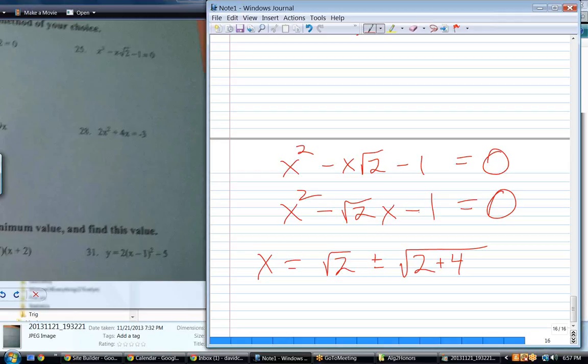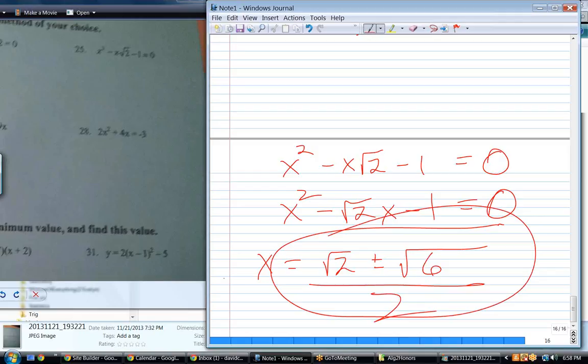It's actually minus a negative 4. Make sure you keep track of your negative signs here. It's b squared minus 4 times a times c. So it becomes 2 plus 4, or 6, all over 2. And that's your answer, actually. Simplified.